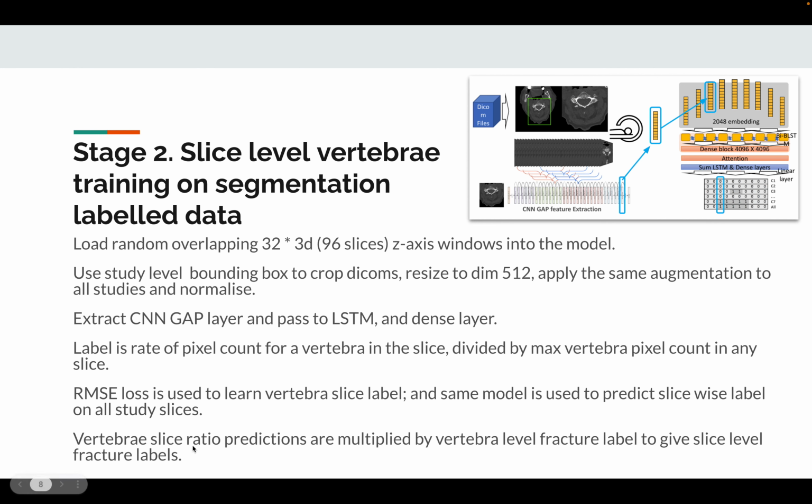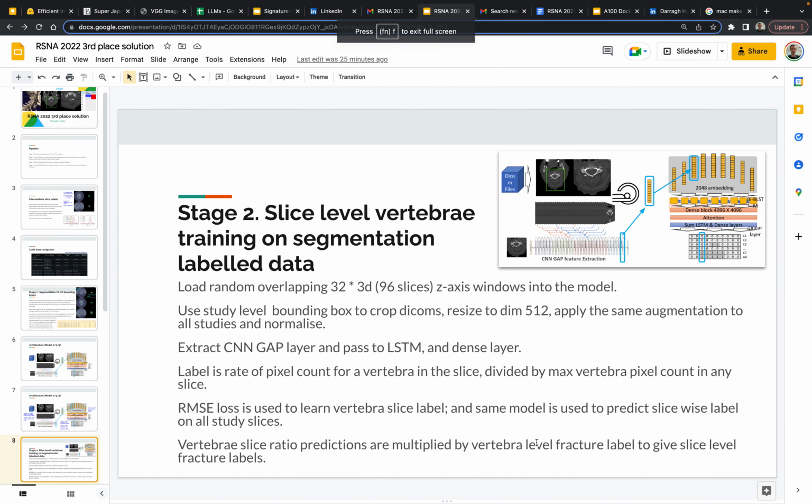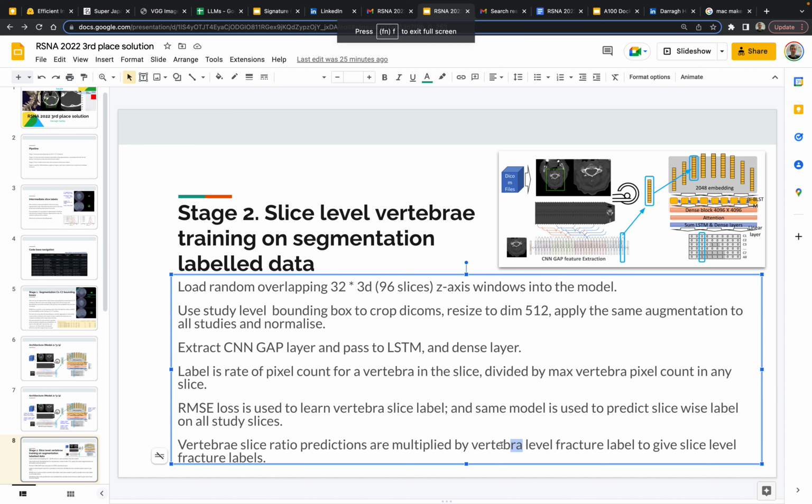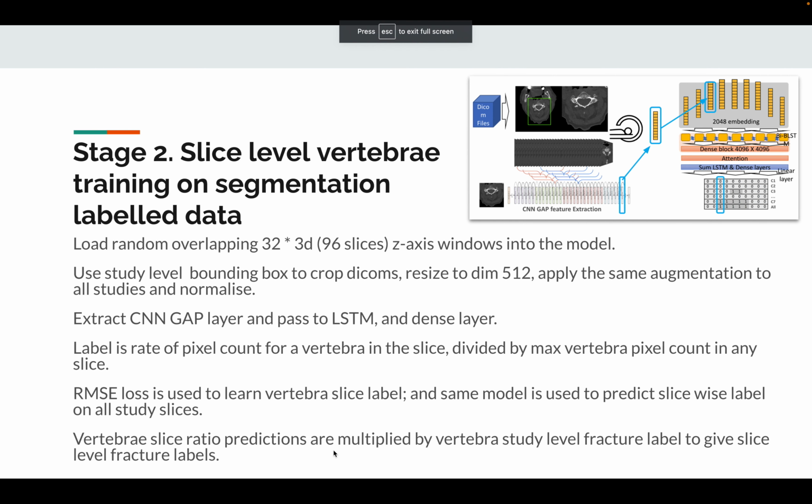As a final step, when we predict on all the data, we have these vertebrae ratio predictions, and as mentioned before, we multiply these by the study level fracture labels to give slice level fracture labels.